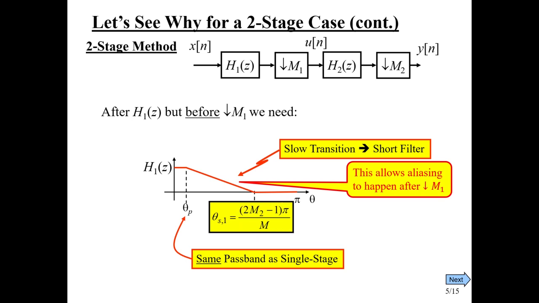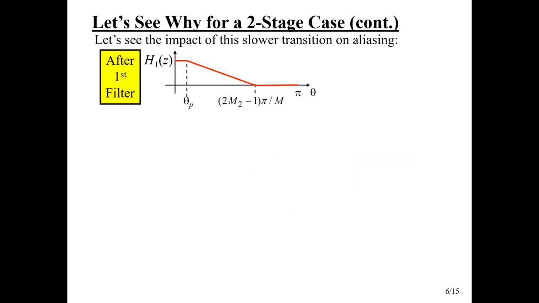So not a lot, but a little bit, enough to allow some aliasing to happen after we do this decimation after the filter. So that's the setup. That's just kind of some magic formula there, and we'll see that it works, and then you can trust the magic formula. So let's see what happens.